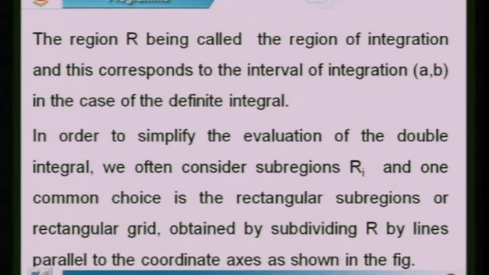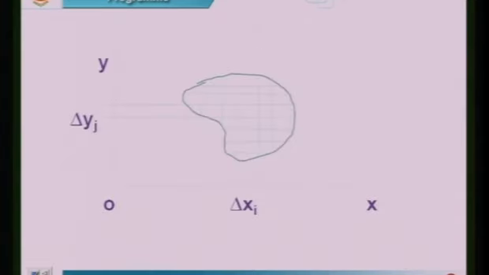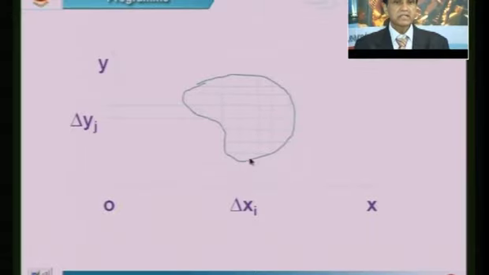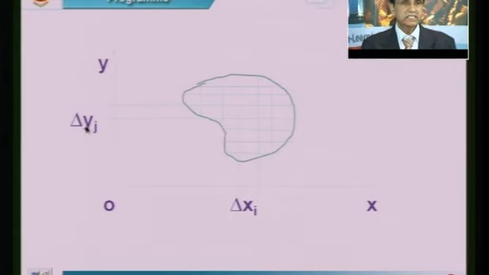In order to simplify the evaluation of the double integral, we consider sub-regions Ri, and one common choice is the rectangular sub-region, the rectangular grid obtained by subdividing R by lines parallel to the coordinate axes as shown in this figure. These are the sub-regions in the total domain. This delta xi is the displacement on the x-axis and delta yi is the displacement on the y-axis respectively.